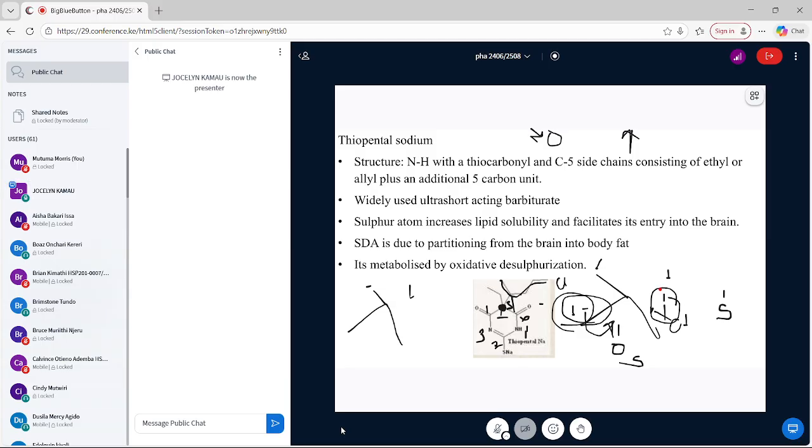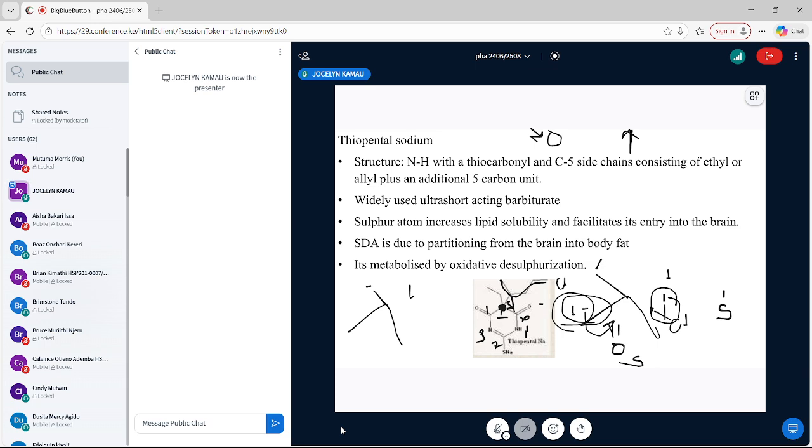They cannot be aromatic for anesthetic activity. Cancel that out. They can either be alkyl and long chain alkyl or allyl substituents, saturated or unsaturated, for general anesthetic activity.